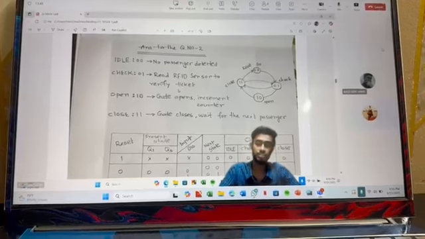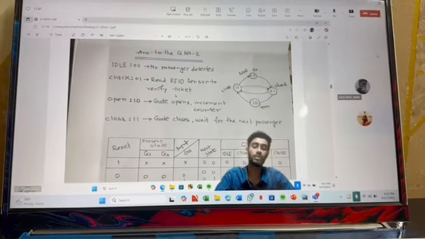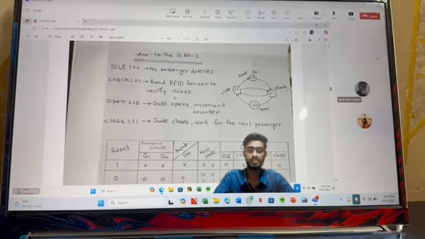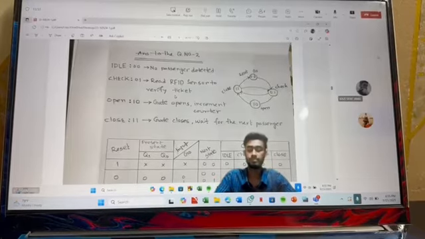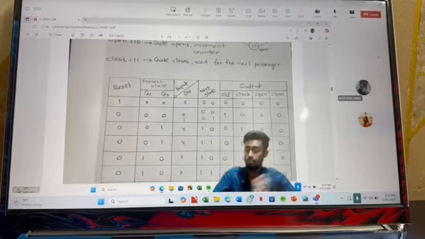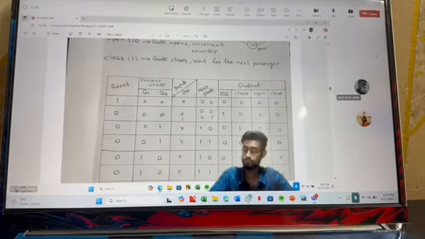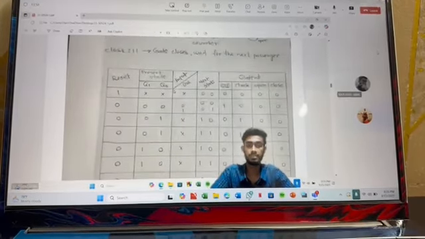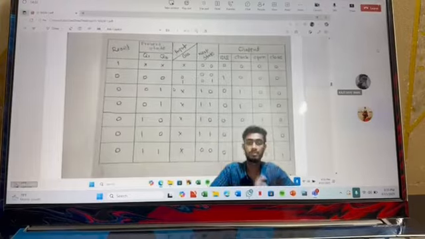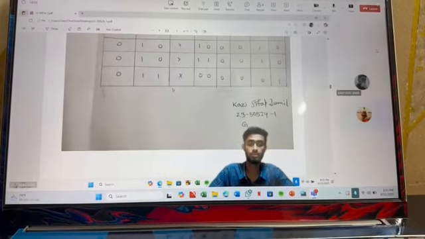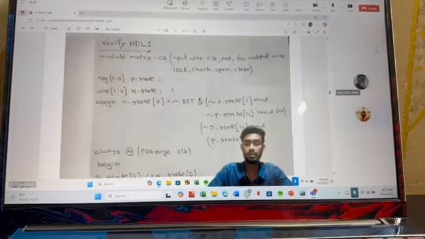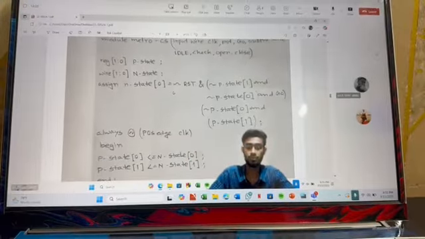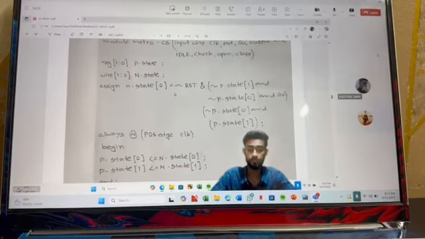This cycle ensures that only one person passes at a time. Here are the definitions, and here is the HDL code for this presentation.